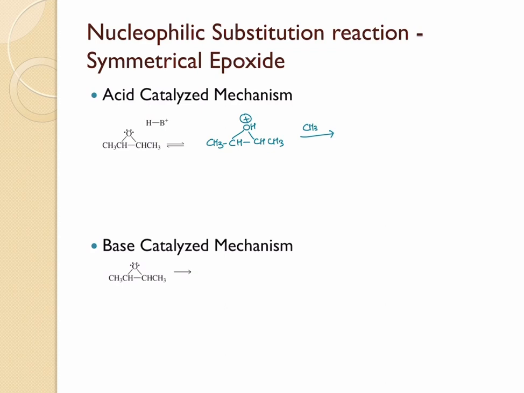So let us say that you have an alcohol here, which is going to make a nucleophilic attack on one of these carbons. Here there is no preference because both of these carbons are equally substituted. And therefore this nucleophile will approach this carbon from the side opposite to that of the three-membered ring structure. And it will break open this ring structure, giving rise to a product.